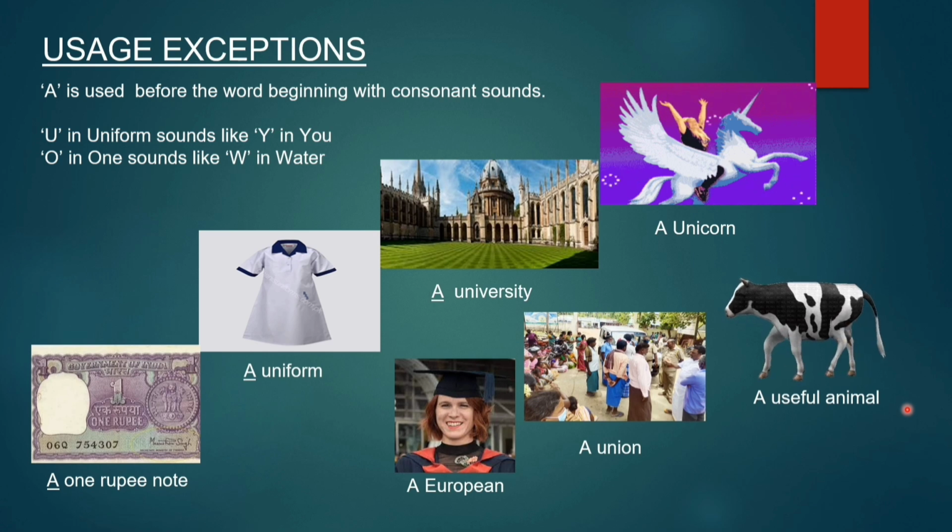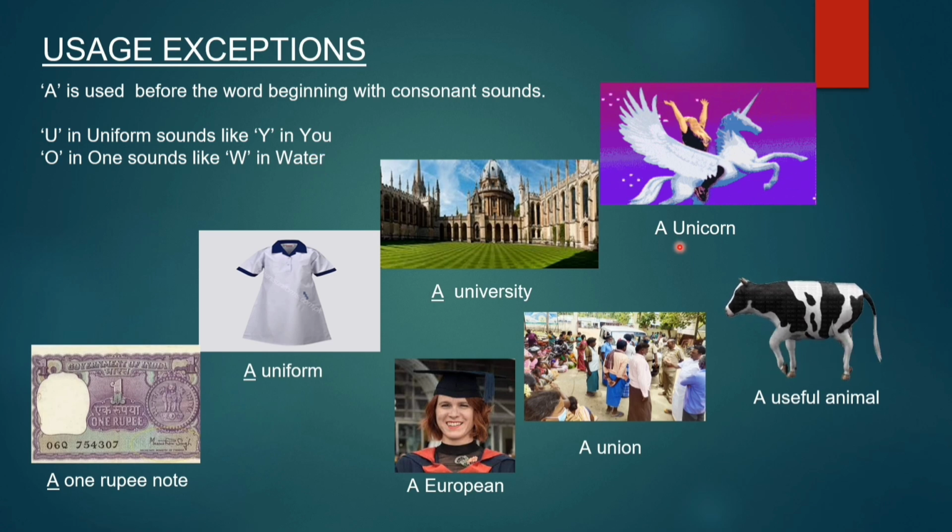All these words begin with vowels O, U, E, O, U, E and are sounded wa, yu, and those sounds are considered consonant sounds. So the article a is used before them.